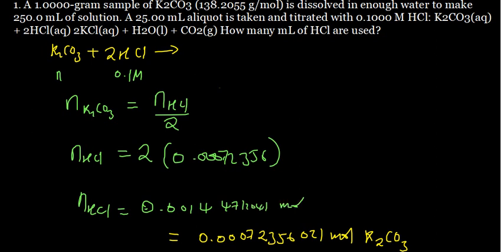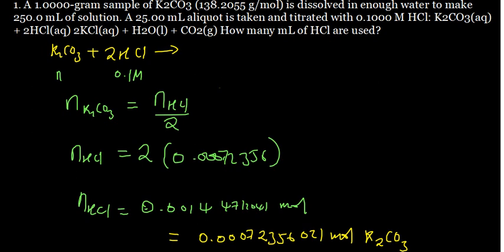Now remember, we used a molarity of hydrochloric acid of 0.1. Now I want to find the volume. How do you do that? What is the relationship we are going to use? What do you think? We can use moles over concentration.